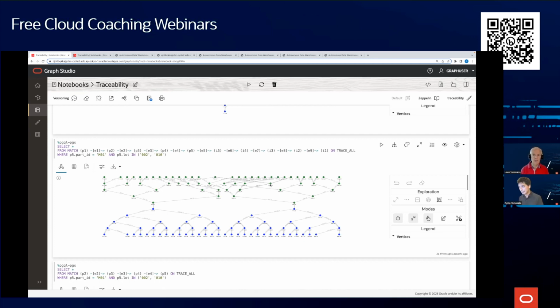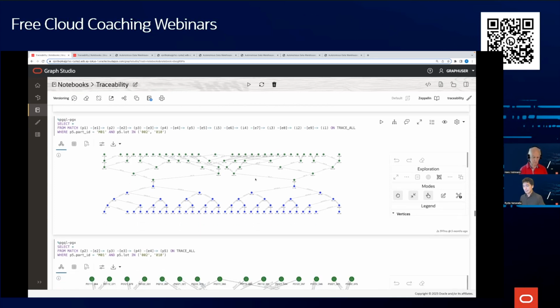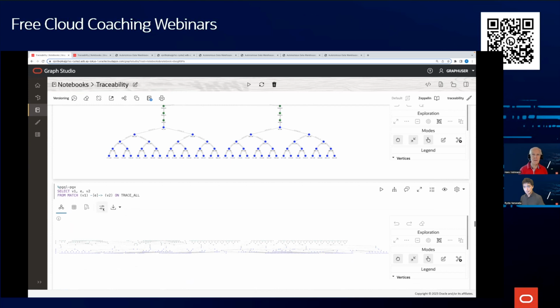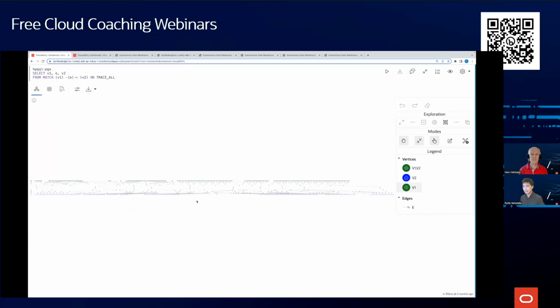So which means this part and another part can have a subpart with the same lot number, right? So this kind of complexity is quite common, and the network will be this complex, only with 600 edges.